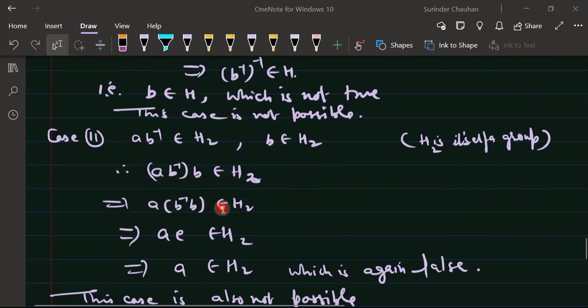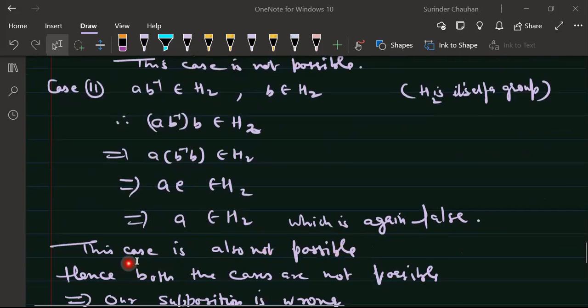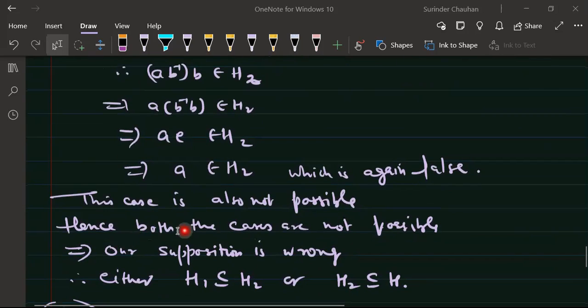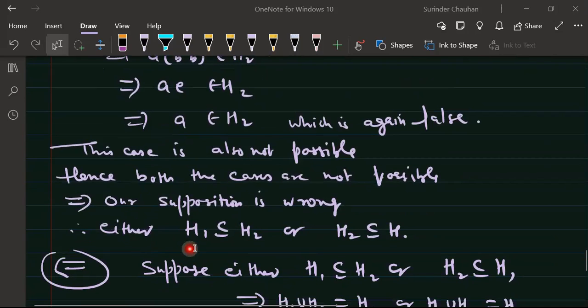So a belongs to H2, which is again false. This case is also not possible. Both cases are not possible. Therefore, our supposition is wrong. Hence, either H1 is a subset of H2 or H2 is a subset of H1 if the union of two subgroups is again a subgroup.